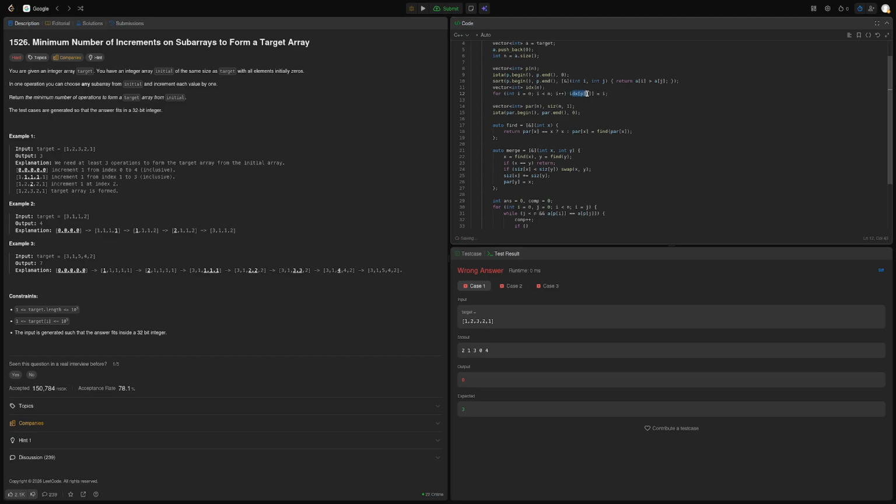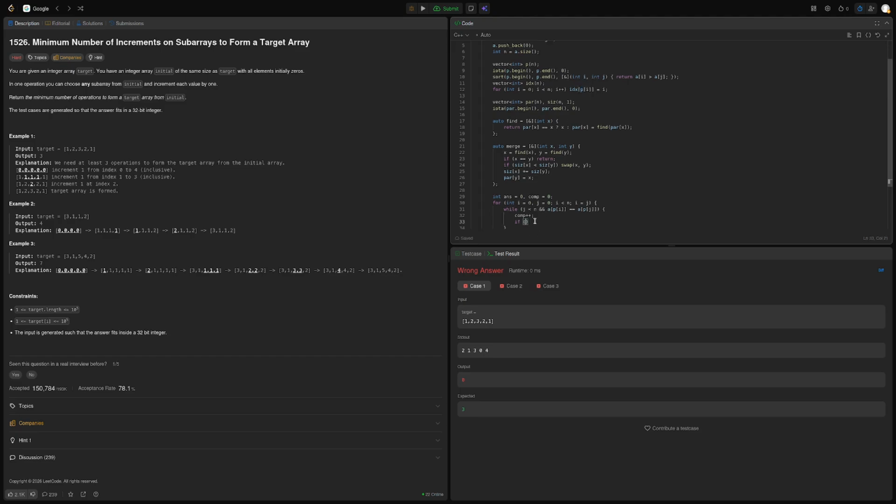This tells me in what order things are, right? I don't know how many were added, so int added is 0.